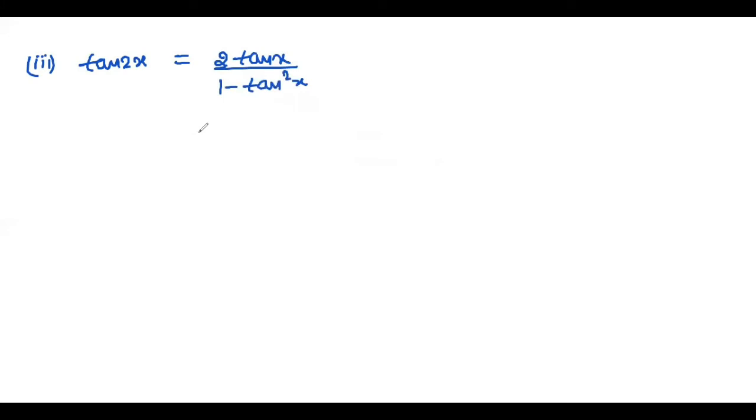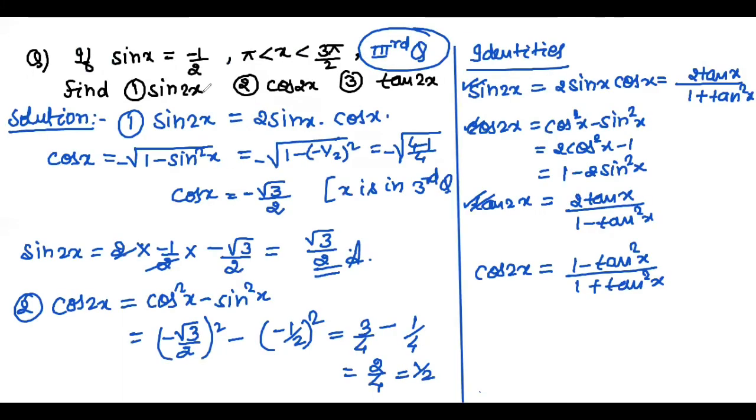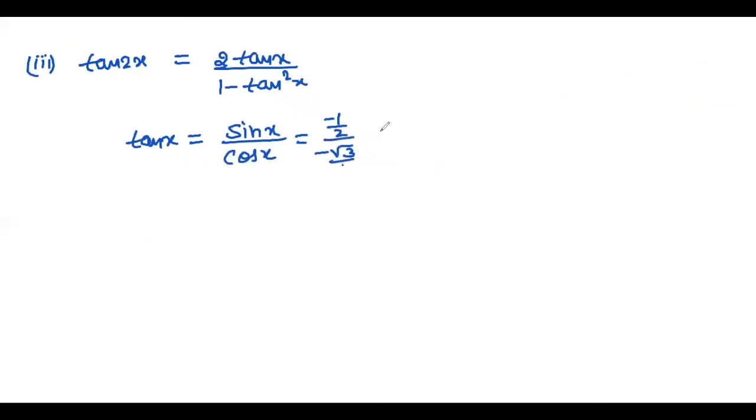So we have to find tan x. We know that tan x is sin x by cos x. So we apply sin x value minus 1 by 2 and cos x value minus root 3 by 2. So minus 1 by 2 over minus root 3 by 2, and finally we have 1 by root 3. We know that in the third quadrant tan is positive, so here also we are getting positive.